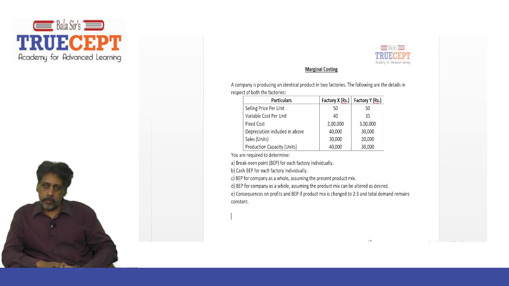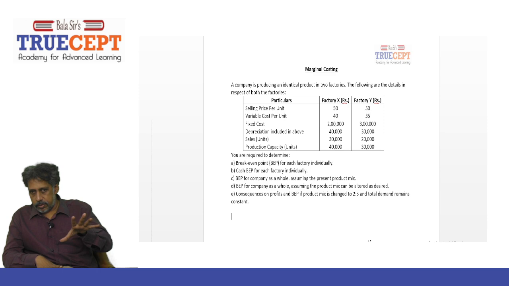Next. Then D, BEP for company as a whole, assuming the product mix can be altered as desired. This part is quite difficult to comprehend. Let me explain this later. Next. Then E, consequences on profits and BEP if product mix is changed to 2:3 and total demand remains constant. Right now, what is the demand? We are selling 30,000 units from X, 20,000 from factory Y. What is the total demand? 50,000 units for the product.